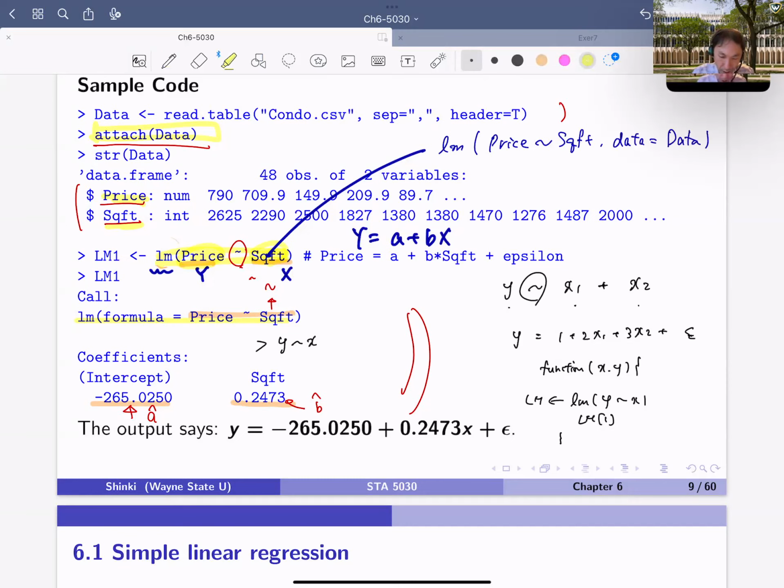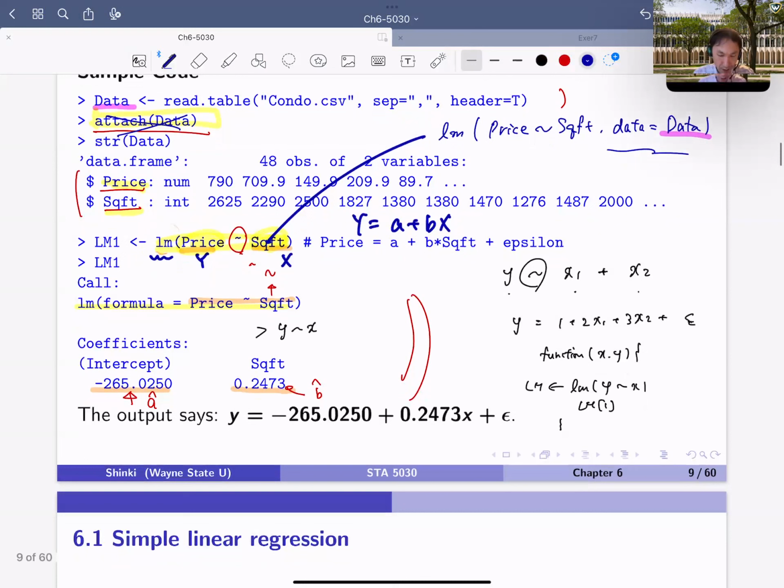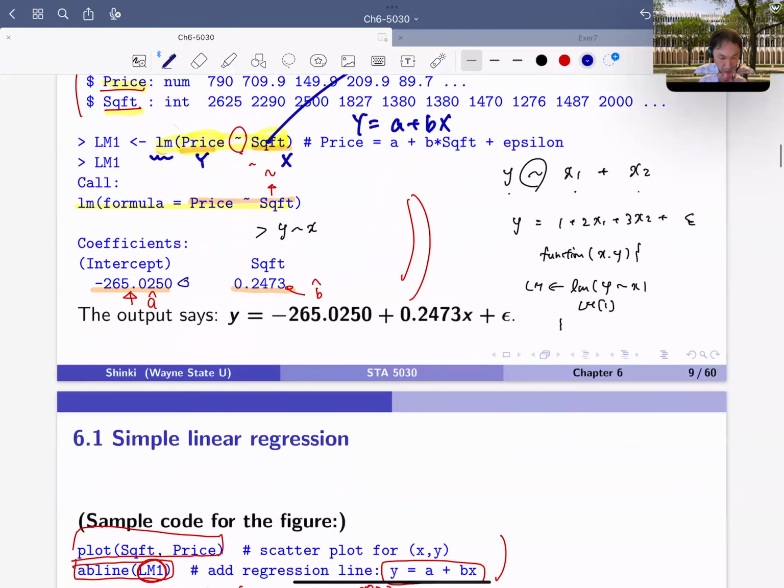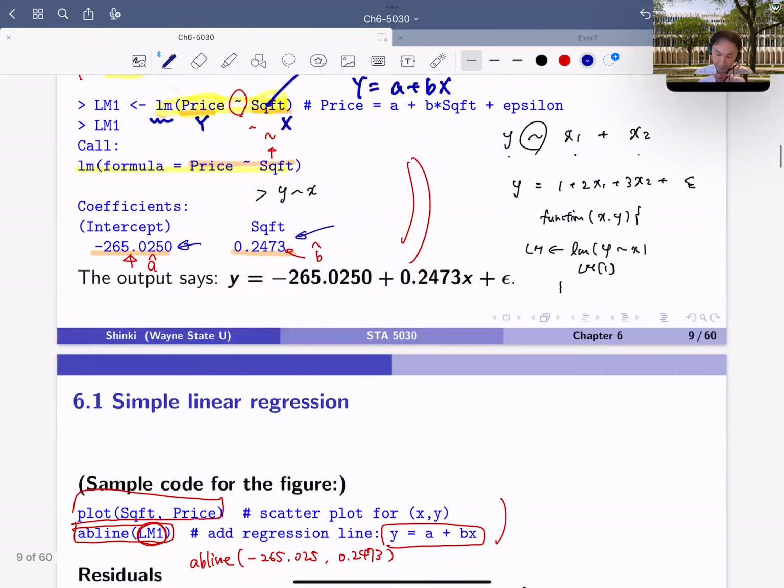So our data is here. So even without attaching the data set, even without this line, still if you specify data, then you can fit the linear model. So this is another way to specify data. And you can get intercept A hat and the slope B hat.